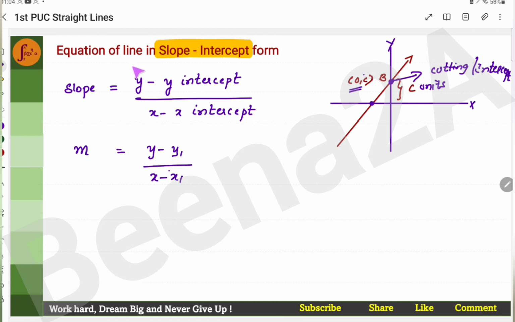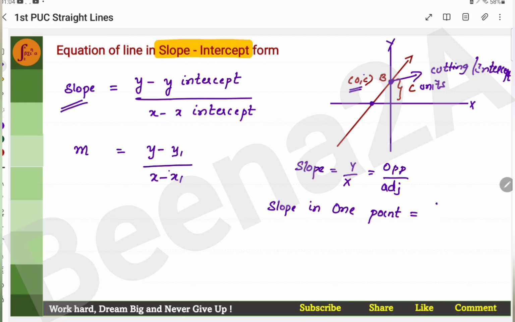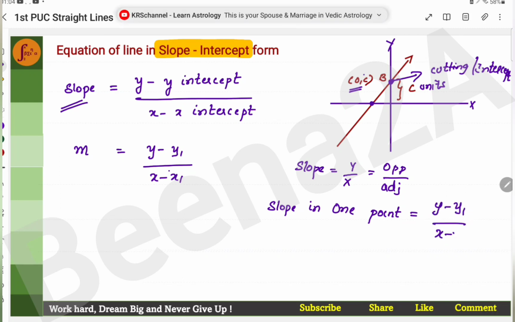So now, how do you find the equation of line in slope intercept form? Again, we'll use the same slope formula. Slope is equal to y by x, right? Opposite by adjacent. Then we learnt slope in 1-point form, which is nothing but y minus y1 by x minus x1.